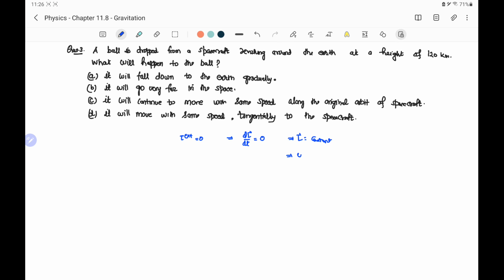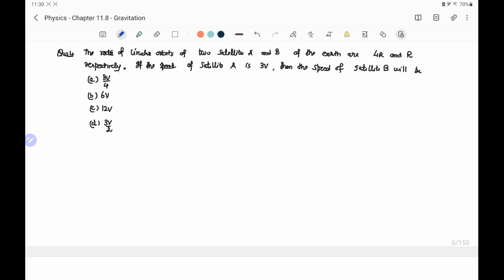This implies that angular velocity is constant. So the ball will continue to move around the Earth with the same angular speed. So we can say that it will continue to move with the same speed along the original orbit of the spacecraft. So option C is the correct option.